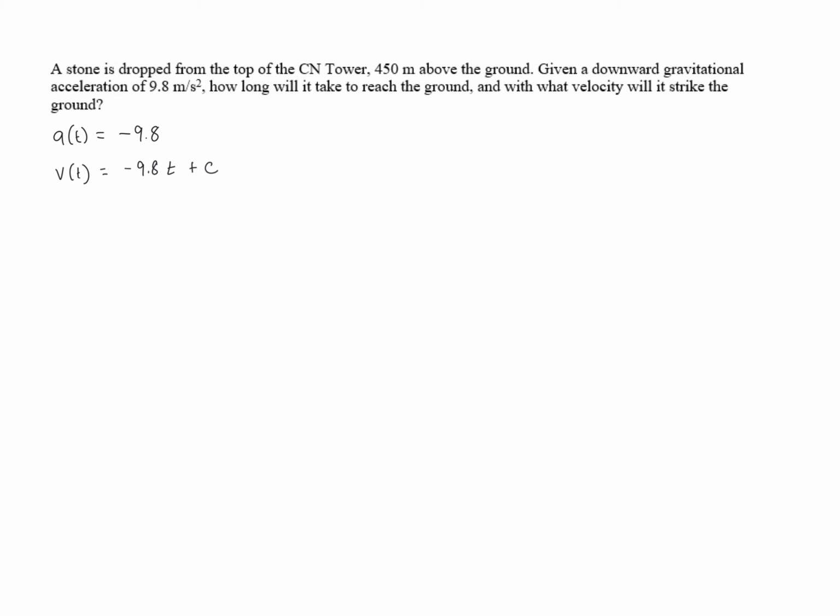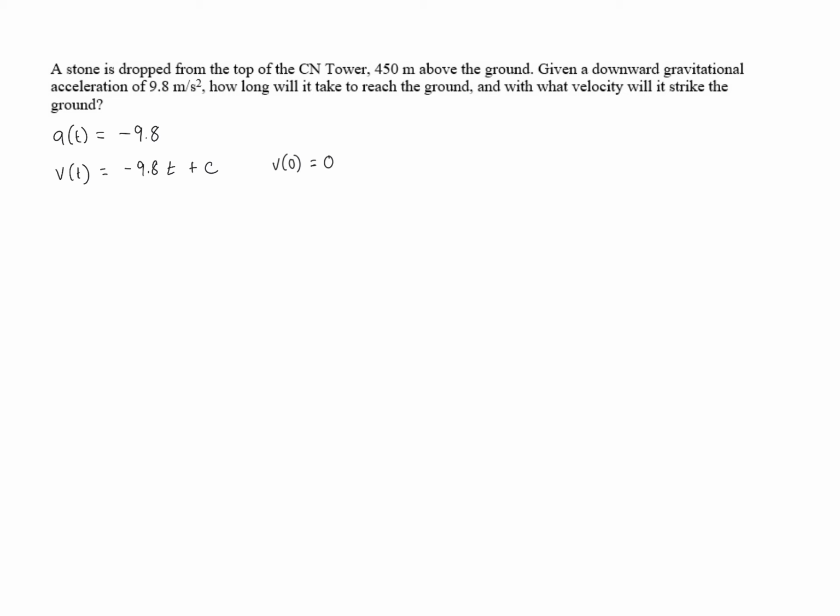That means the initial velocity, v of 0, is equal to 0. If we had thrown it upward, that would be a positive initial velocity. If we had hurled it downward, that would be a negative initial velocity. But when you simply drop something, the velocity at that moment is 0. It starts at 0 and then gravity acts upon it.